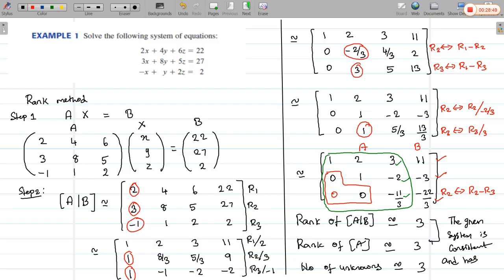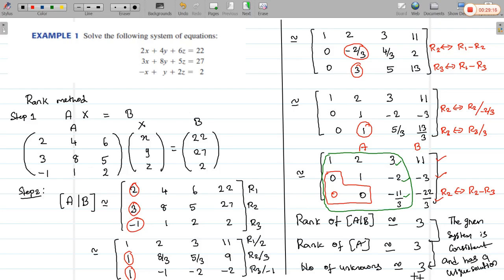Now come back to this third one. What is it? Number of unknowns. The rank of AB and rank of A are equal, and it is equal to the number of unknowns. Is it okay? When all are equal, it means it has a unique solution.